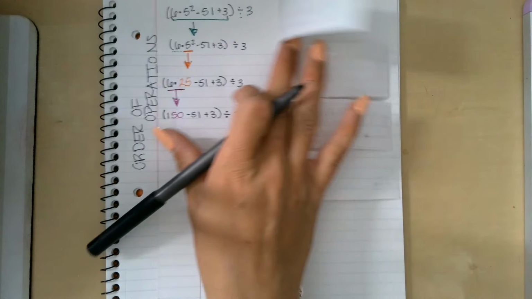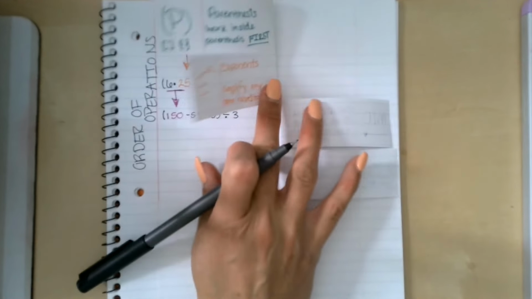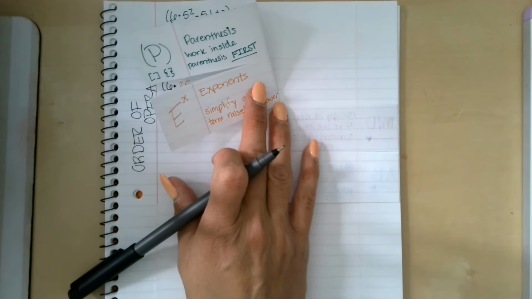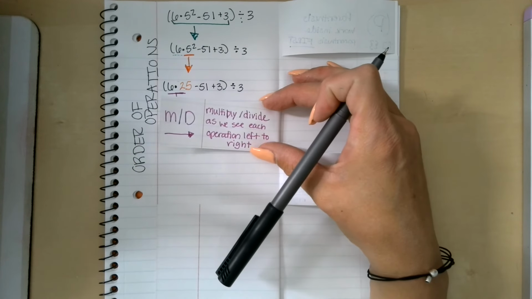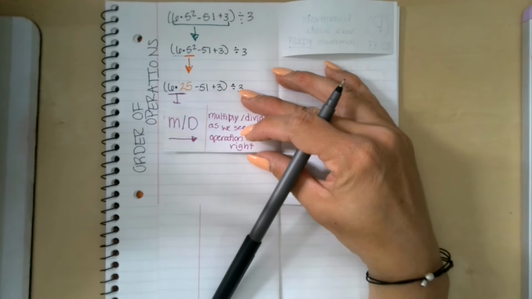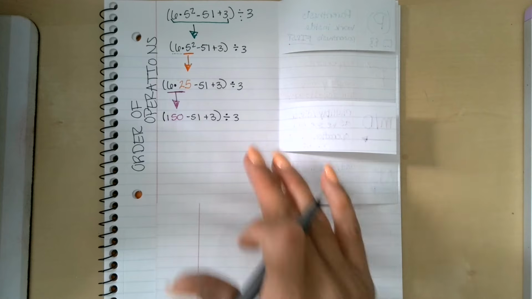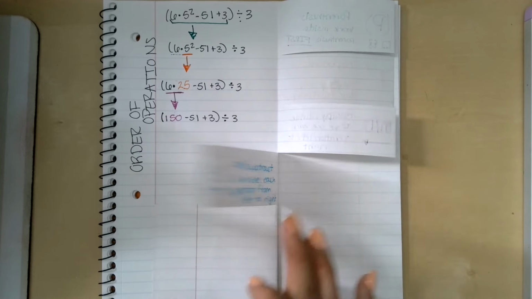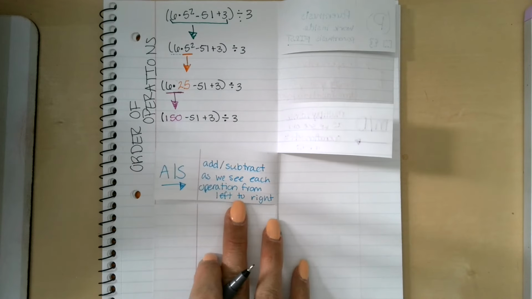Okay, so I'm still working in parentheses. I have taken care of the exponents. I have taken care of the multiplication and division inside the parentheses. Yes, there's still division, but that's outside the parentheses. So now, inside the parentheses, I'm going to do addition and subtraction as I see it from left to right.